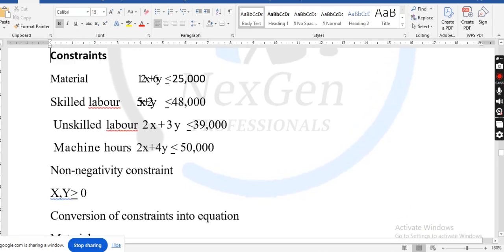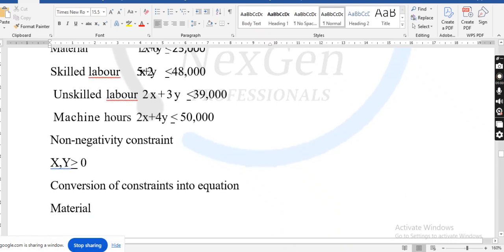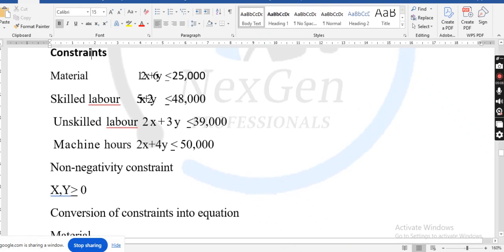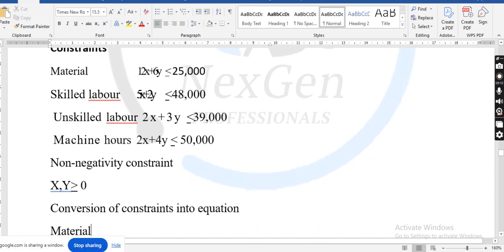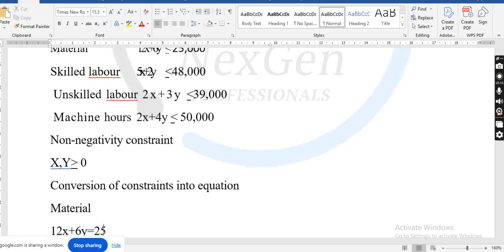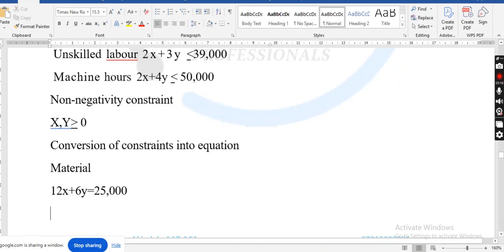You can see we have 12x plus 6y. So we can now say this is 12x plus 6y, and you equate it to what we have under material, 25,000.